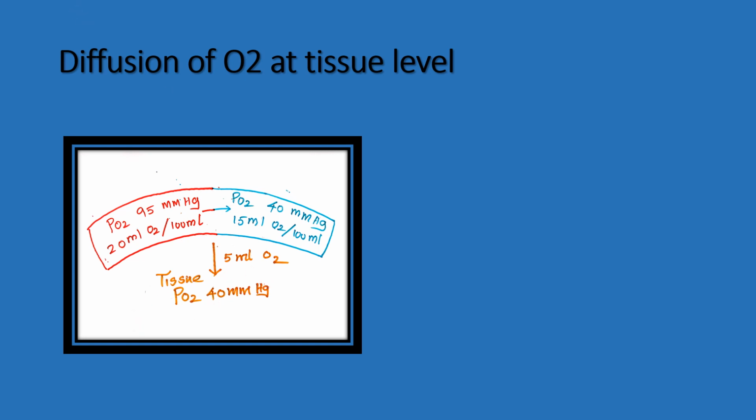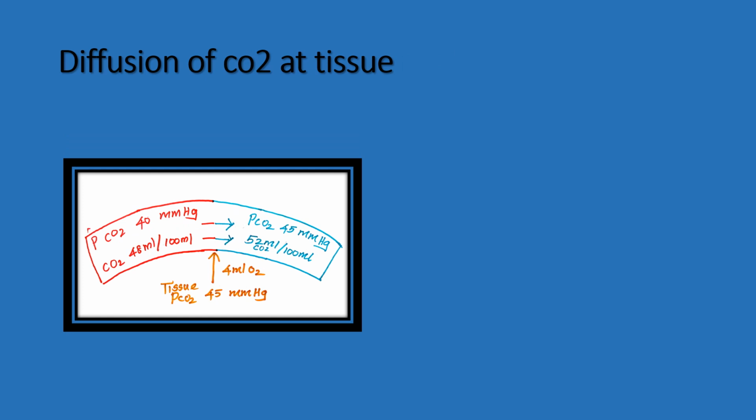The diffusion of carbon dioxide. At tissue level, the carbon dioxide pressure is 45 mm mercury. At the capillary level, it is 40 mm mercury.